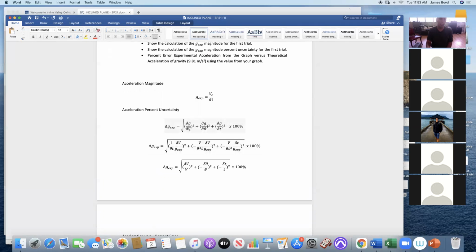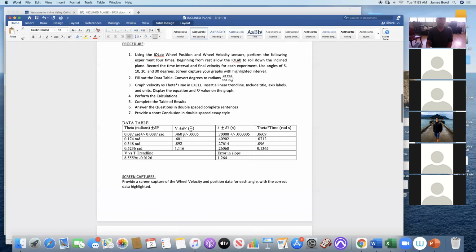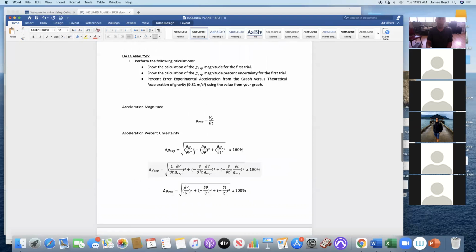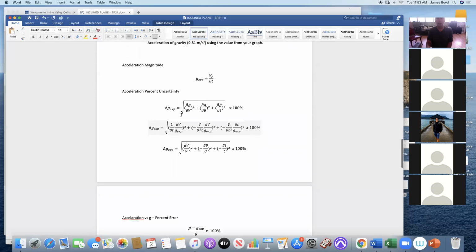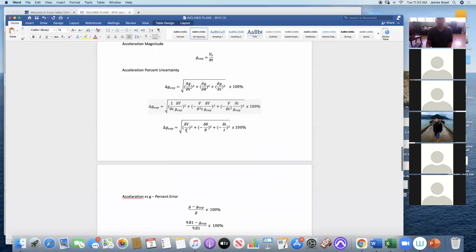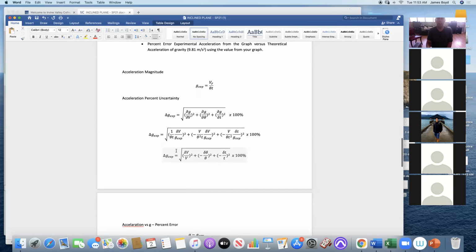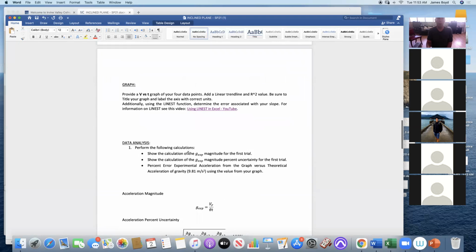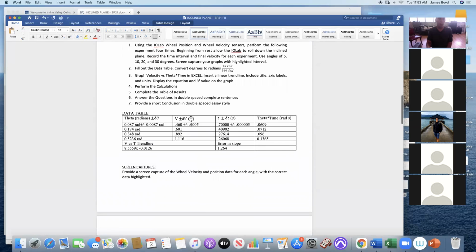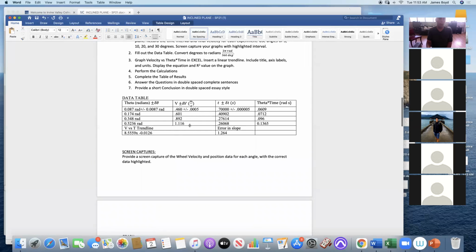So delta G over V is, if I take the derivative of this with respect to V, I get 1 over theta T. I multiply that by the experimental uncertainty of V, that 0.0005, divide by my experimental value, 7.553. Do that again for each one, and you get this. So basically what you end up with is this right here: 0.0005 over V, so 0.0005 over 0.460.